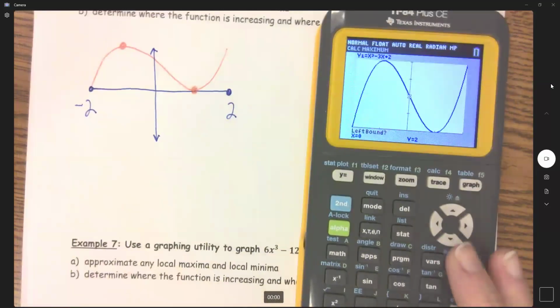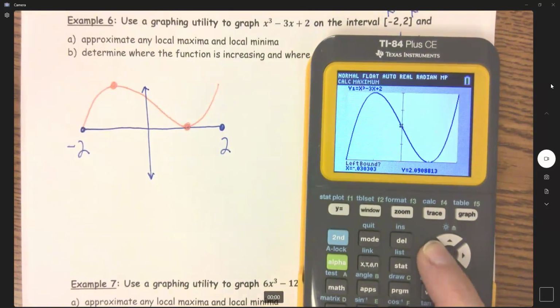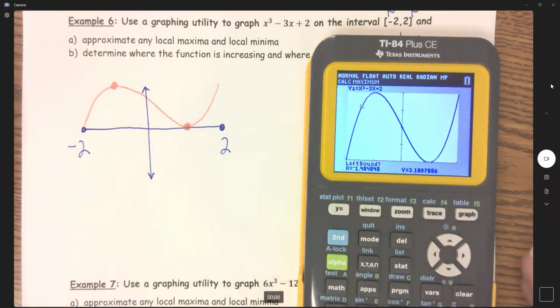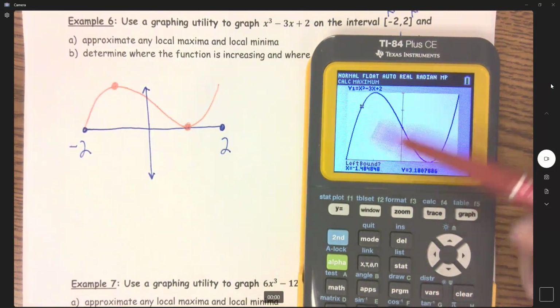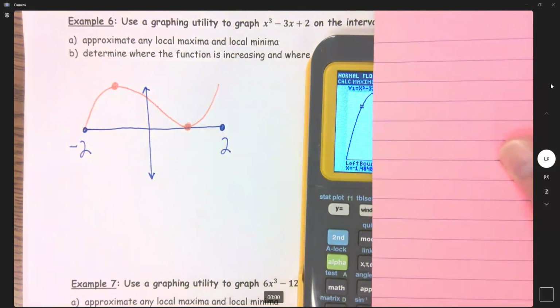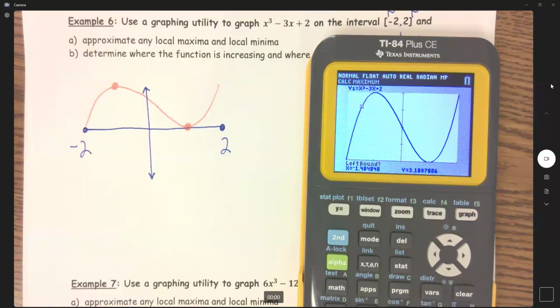So I'm going to use my arrows here going left and right to go to the left side of my max. So my max is about right here. If I go a little bit further, and you can go up closer, you can go further down. It just needs to be somewhere in that area right there. So hit enter once you are to the left side of that max you are trying to find.